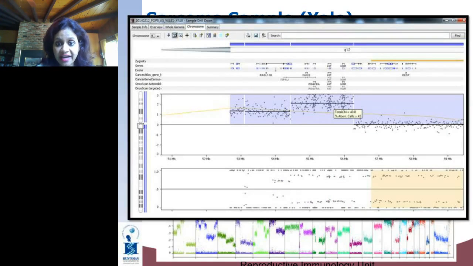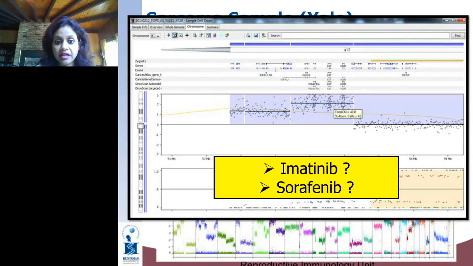But in terms of actionability, there were two druggable alterations found here on PDGFRA and another one right next to it. And that gave two options to the oncologist in terms of imatinib or sorafenib. So this oncologist was absolutely delighted that they had two options for this very advanced cancer and is now submitting additional sarcoma cases to see whether they can find actionable copy number alterations, especially in mutation-negative samples.